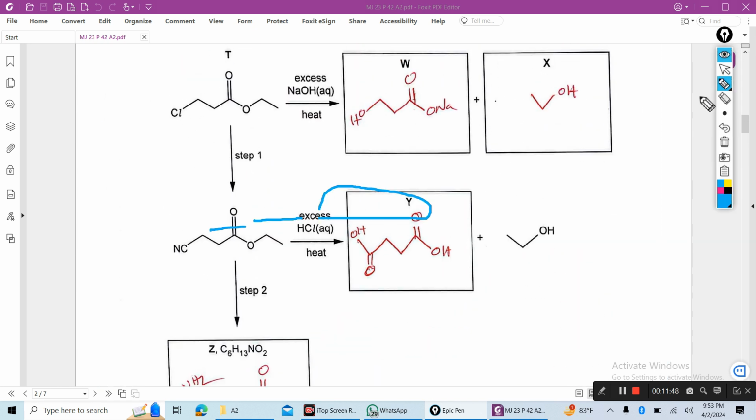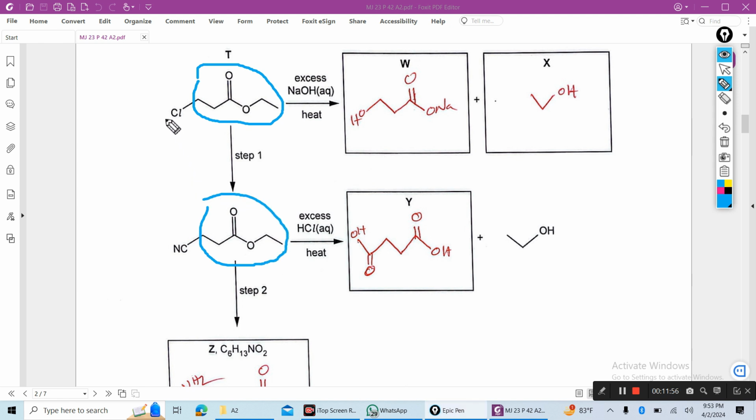This remains the same, only the haloalkane is converted to a nitrile compound, a cyanide compound. So the reagent will be potassium cyanide, and the potassium cyanide is dissolved in ethanol. Condition will be dissolved in ethanol.